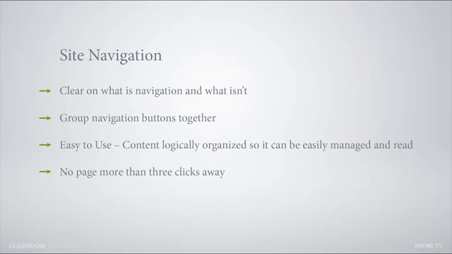The first thing you need to keep in mind is you need to be really clear about what's navigation and what isn't. So what are the buttons and what isn't a button? Okay, so you don't want to be obscure about what your navigation is. Next thing you want to keep in mind is make sure your navigation is all sort of in one place. You don't want your navigation scattered across a page, making your users work for that content.